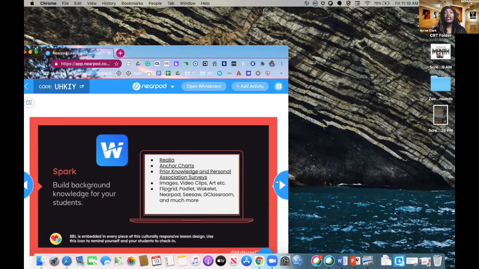It could be art. Anything that allows you to just engage our students and for you to be able to pull that background. So I used an image, and that is what that was to do, is to show you that you'd be able to spark some knowledge with just an image. All of the resources that you see here are in that Wakelet, so you don't have to worry about clicking on all the links. The links are there for you.